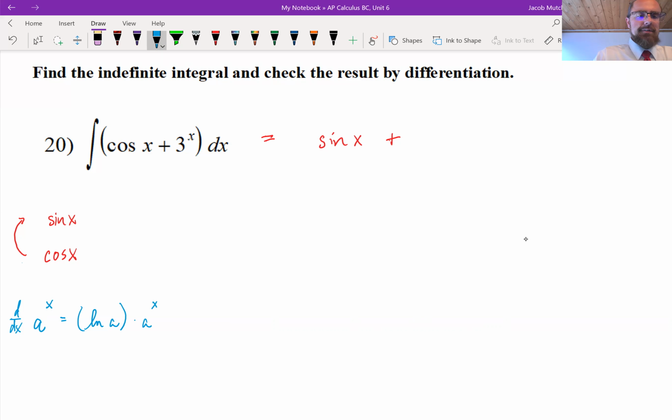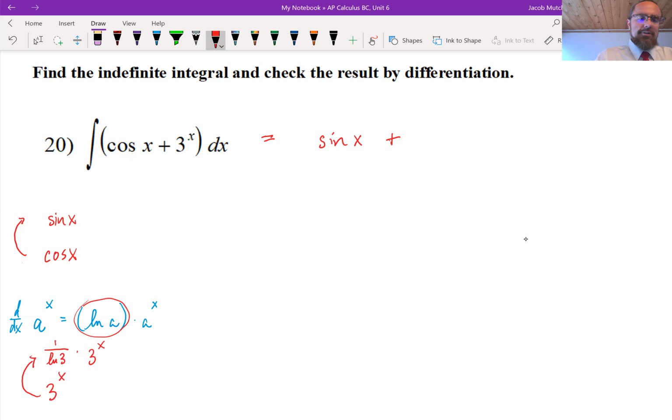So the idea here is if what I have is 3 to the power of x, again, thinking in terms of a derivative, if I'm searching for the antiderivative to that, basically it's going to be 1 over the natural log of 3 to cancel what I would have gotten here times 3 to the power of x.